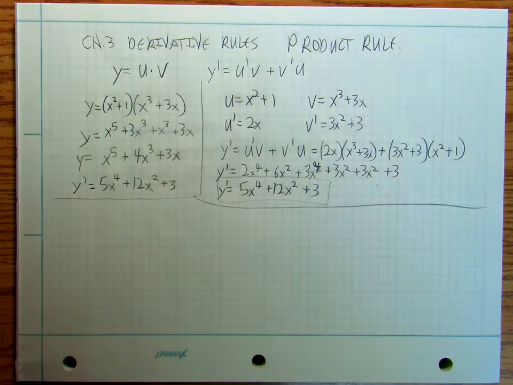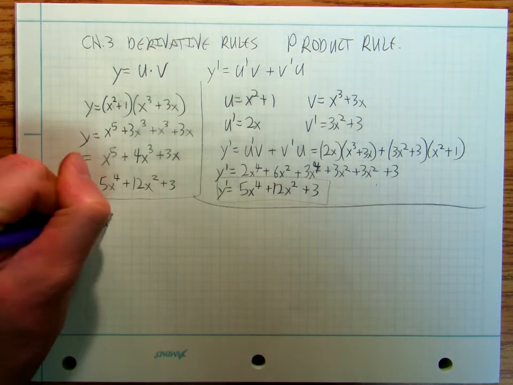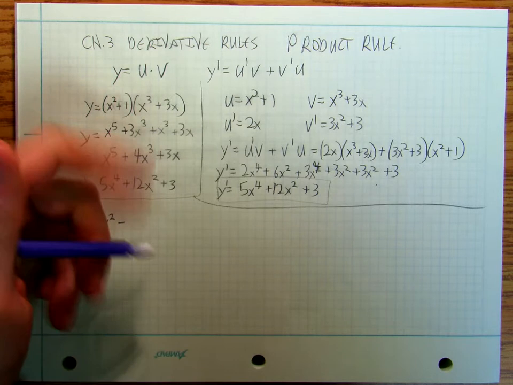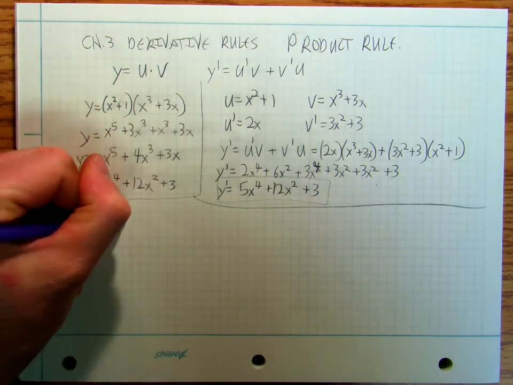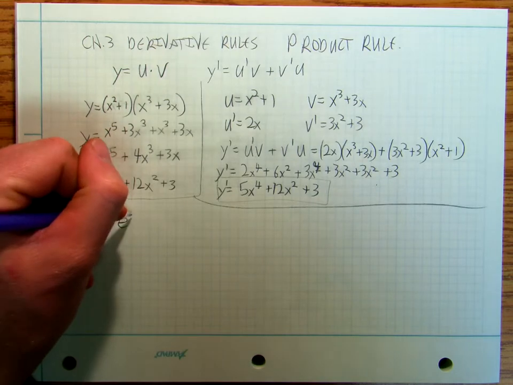Now, so the question is, so we want to get into some ones where product rule is the only way to do it. So let me give you some product rule examples where product rule is the only way to do it. y is x squared times e to the x.